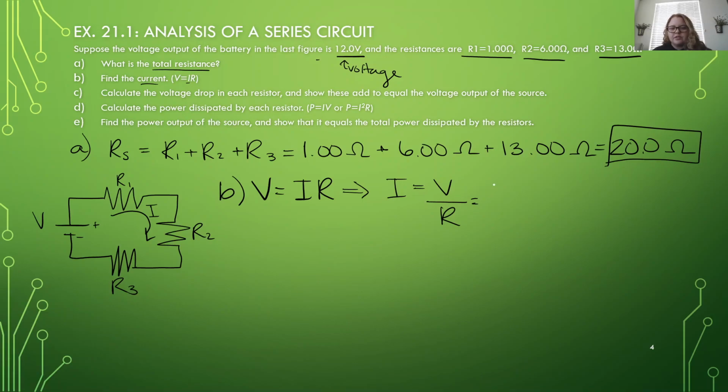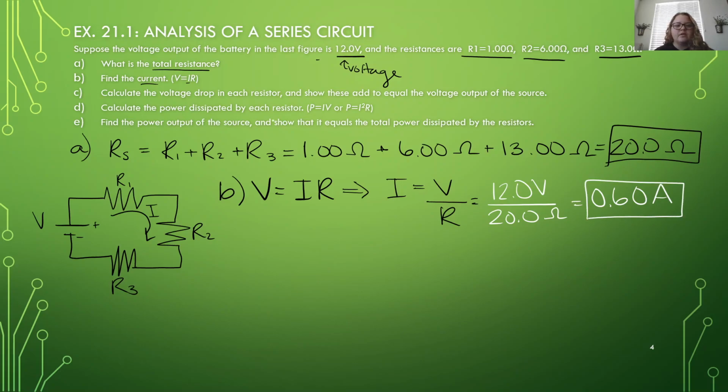So again, voltage, 12.0 volts, divided by our resistance that we just found, 20 ohms, is 0.60 amperes. Okay, so those are the first two parts, pretty simple, straightforward.